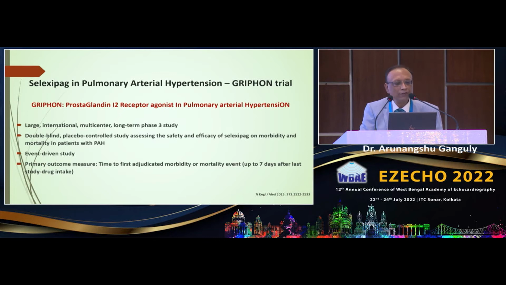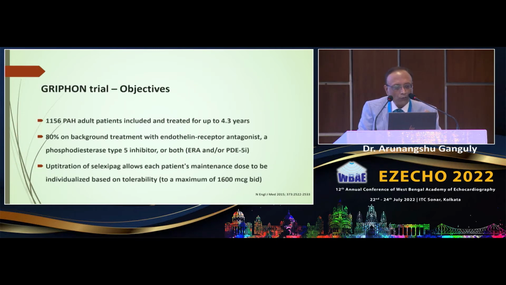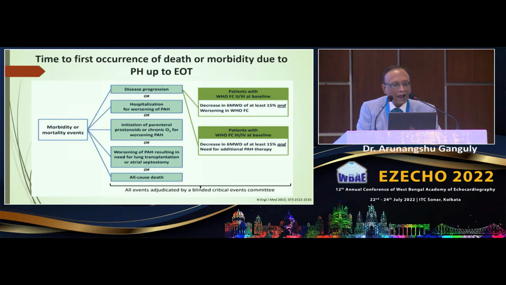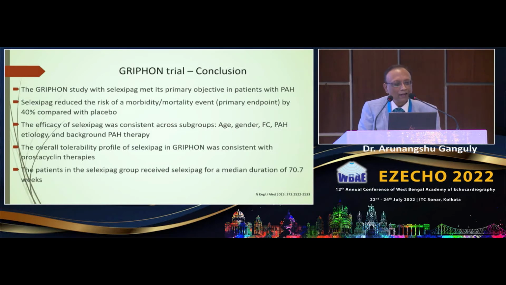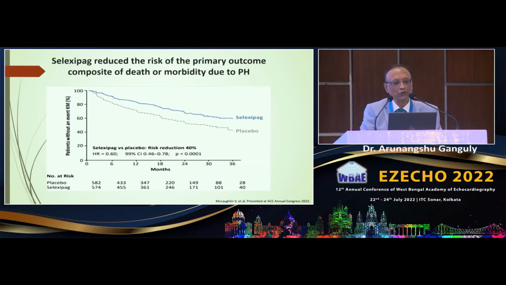In the GRIPHON study, 1156 adult PAH patients were taken, and they showed a significant reduction in risk of morbidity and mortality by 40% compared to placebo. That was great. So it concluded that the GRIPHON study with selexipag met its primary objective in patients with PAH.